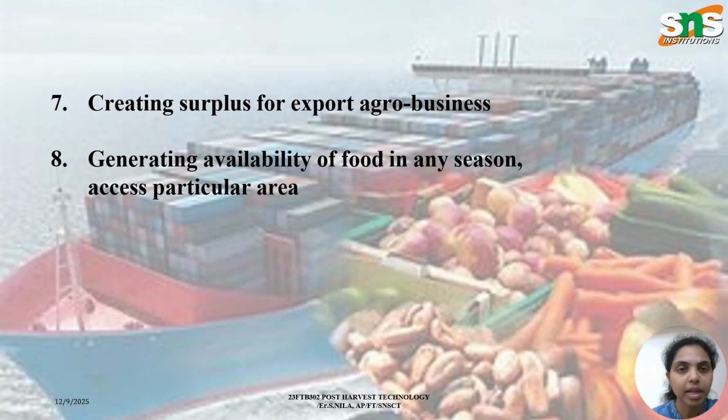So creating agro-business surplus for export and year-round availability involves boosting production with technology and irrigation, and reducing wastage by storing, processing, and improving supply chains using logistics infrastructure, and also ensuring market access through research and digital platforms, while focusing on sustainable practices to meet the global demands, while also ensuring food security locally and globally.